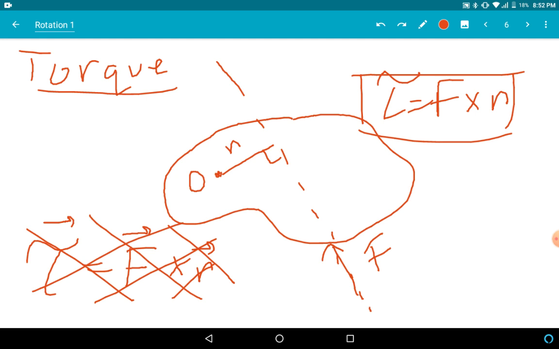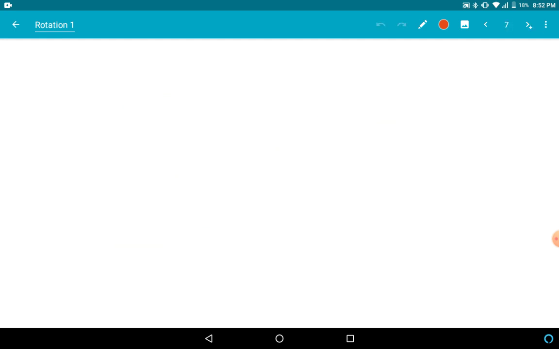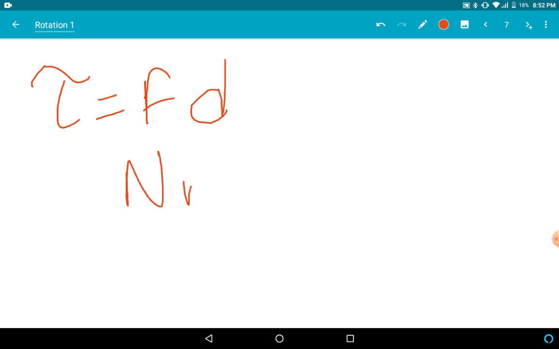Their product is nothing but torque. Understand? Now what are the units of torque, you might ask? As you can see, torque is nothing but force into some distance. So it will be Newton meter in SI.